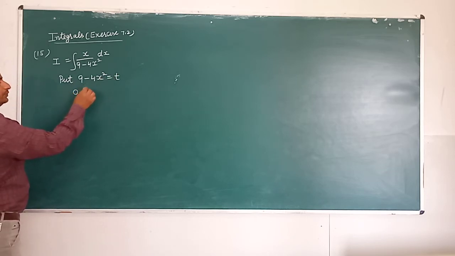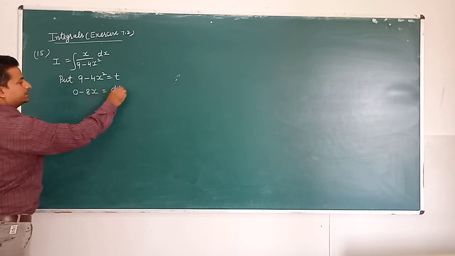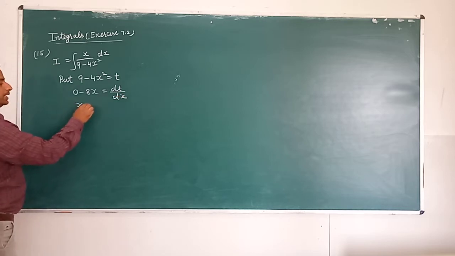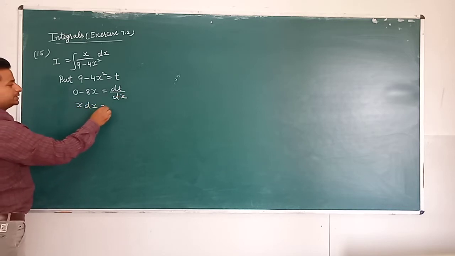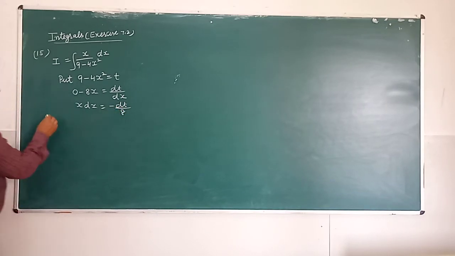Differentiate this with respect to x. So this is dt upon dx. Here x dx is equal to minus dt upon 8.